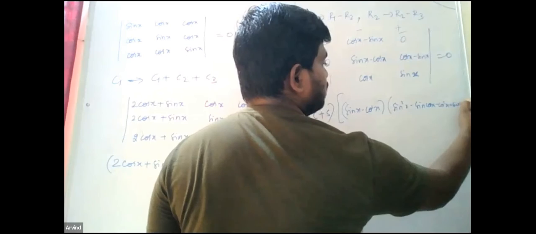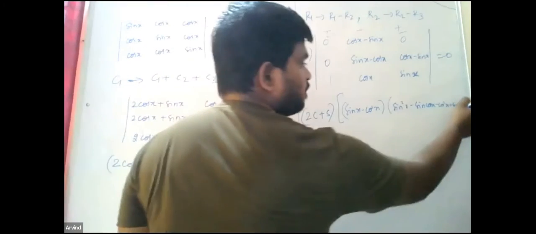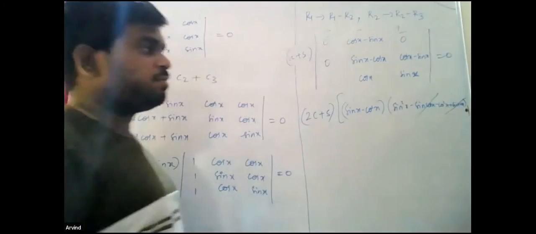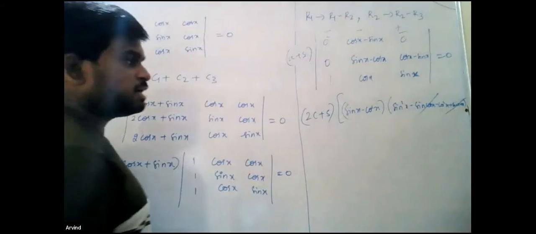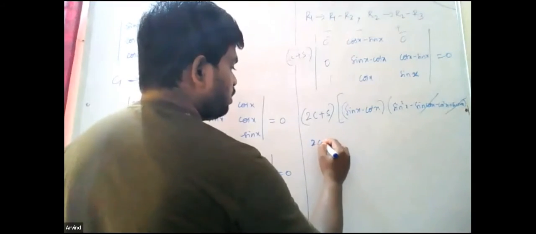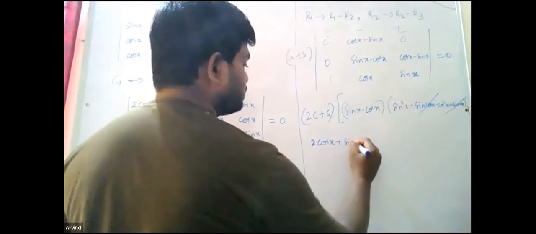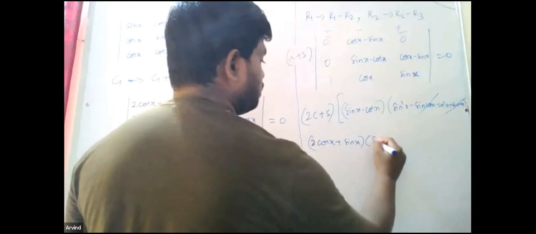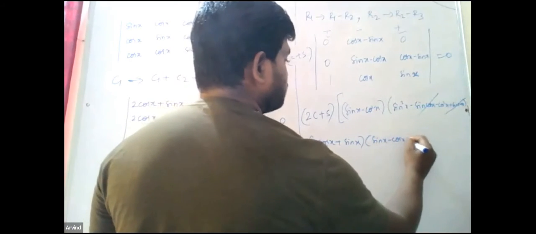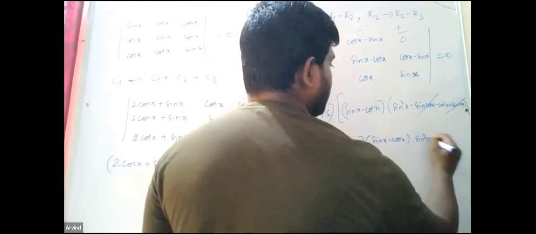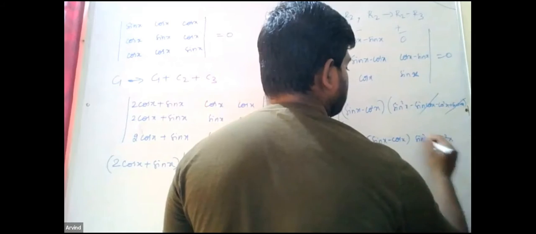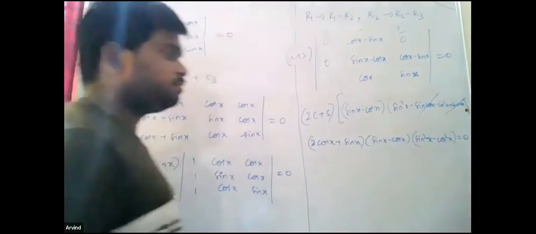I don't have space, but if you observe, sin x cos x plus and minus get cancelled. So finally we get 2 cos x plus sin x into minus cos x into sin square x minus cos square x equal to 0.